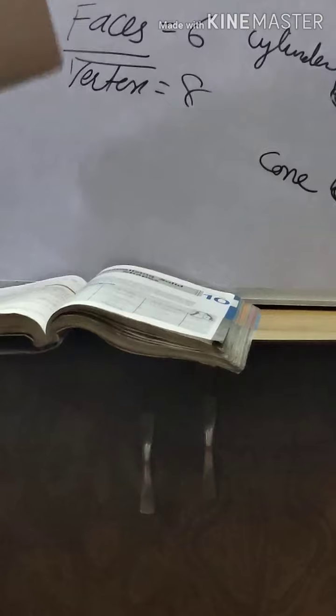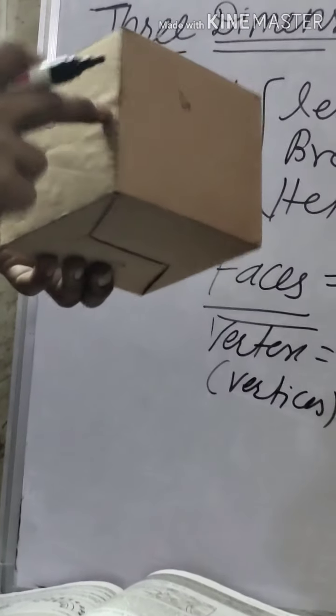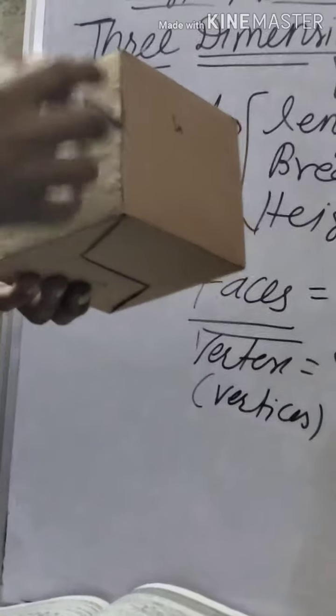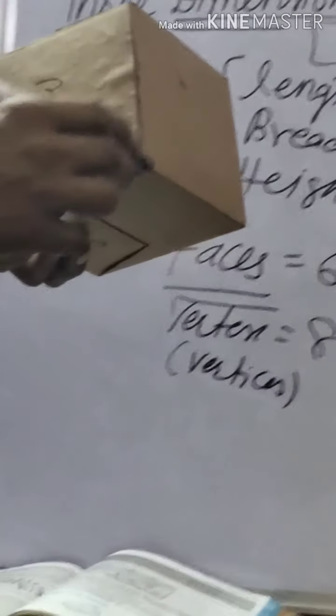Now tell me about edges. What are the edges? Where two walls meet, that line is known as an edge of the solid shape.